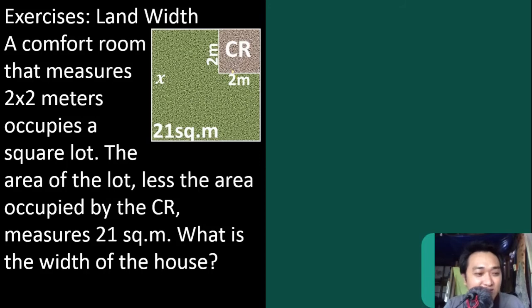So, I think its area is 4. The whole square lot, the area of the whole square lot, less the area of the CR is 21 square meters. So, what will be the width of the house?